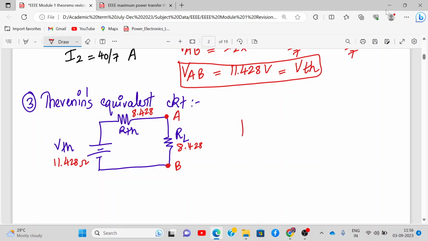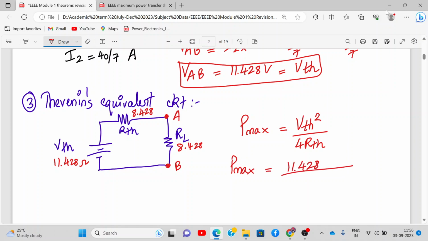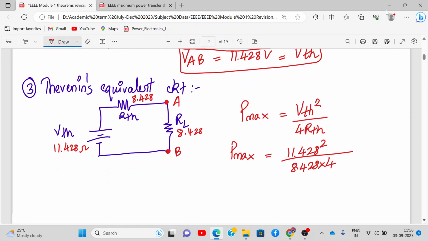Now you calculate P max. What is P max? VTH square upon 4 RTH. So calculate this P max. It will be 11.428 square divided by 4 times 8.428.